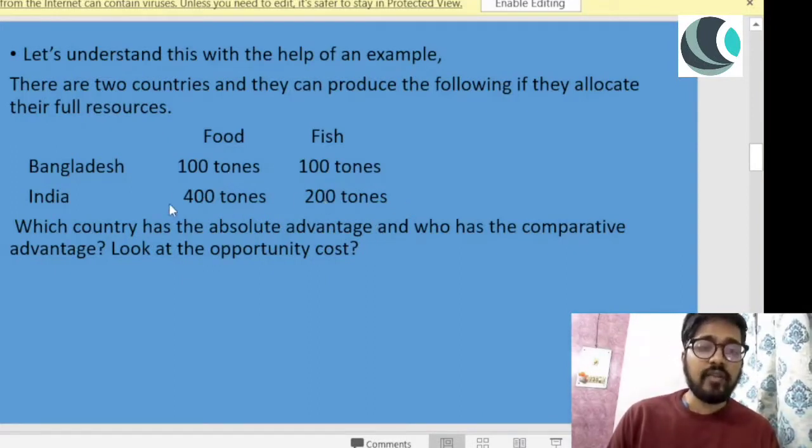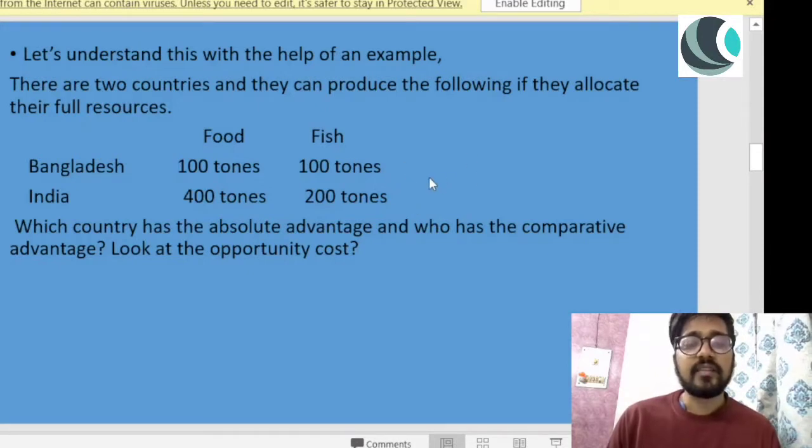If we compare the opportunity cost, this is two in case of food here. This is one. So India has a comparative advantage in producing the food. And if you look up here, there is 0.5 and this is 1.